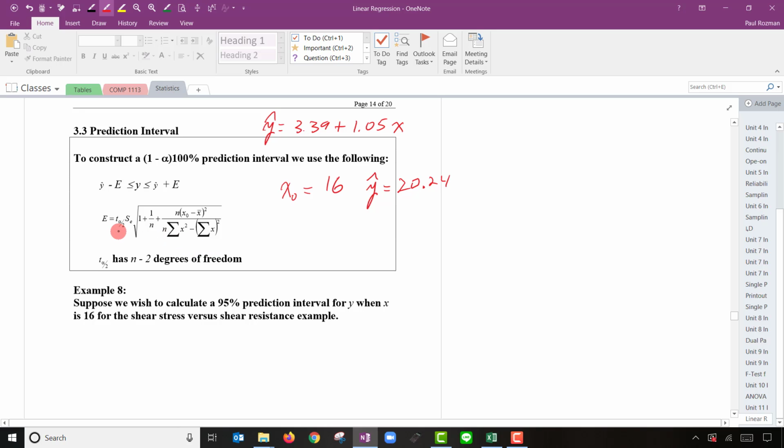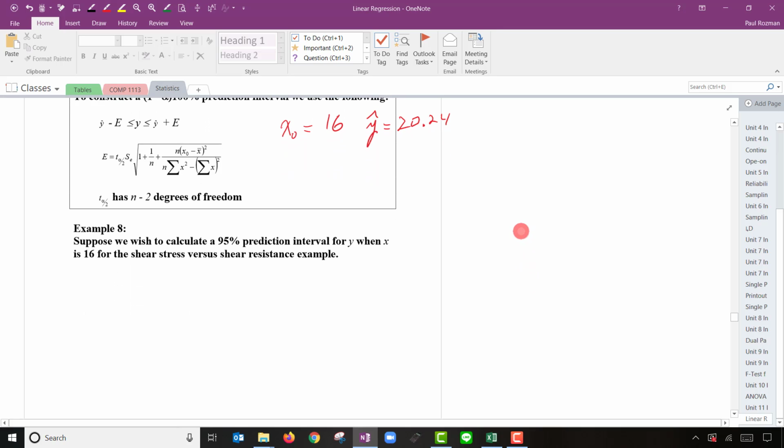It uses a t-distribution with n minus 2 degrees of freedom, similar to what we had for our hypothesis test for the correlation coefficient. So this is tedious to calculate, and sadly, this function is not built into your calculator or Excel, so we will actually have to calculate these intermediate pieces if we want to do a prediction interval.